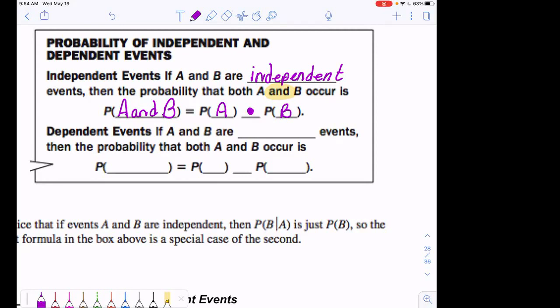The second part says if they're dependent events, if A and B are dependent, remember that means the first event is changing the second event, then the probability of A and B, still and, is taking the probability of A times the probability of B given A. Remember that is the given little bar.